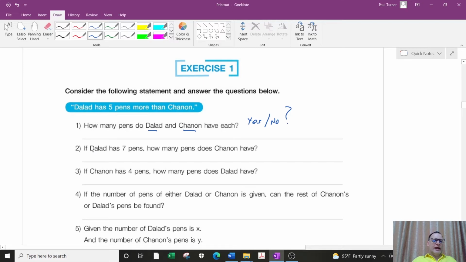Now, if Dillard has 7 pens, how many pens does Chinon have? I think you can answer that. If Chinon has 4 pens, how many pens does Dillard have? We can answer that as well. If the number of pens of either Dillard or Chinon is given, can the rest of Chinon's or Dillard's pens be found? So you answer that as yes or no. That's all. And I want the answer to that one.